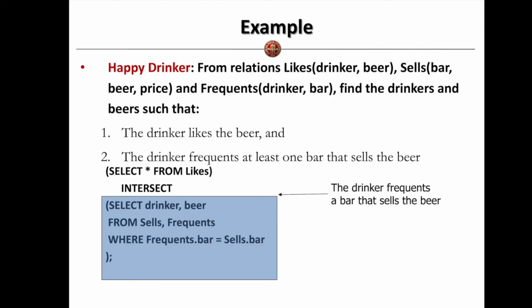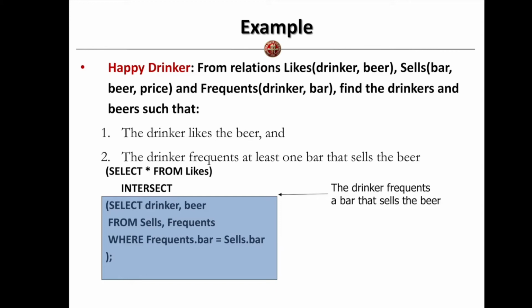Before we show the answer, you can also write down a query by yourself on your paper, right? How can we find these happy drinkers based on the Likes, Sales, and Frequents tables? I think we can do this query very easily, by joining multiple tables together based on the knowledge we learned before.